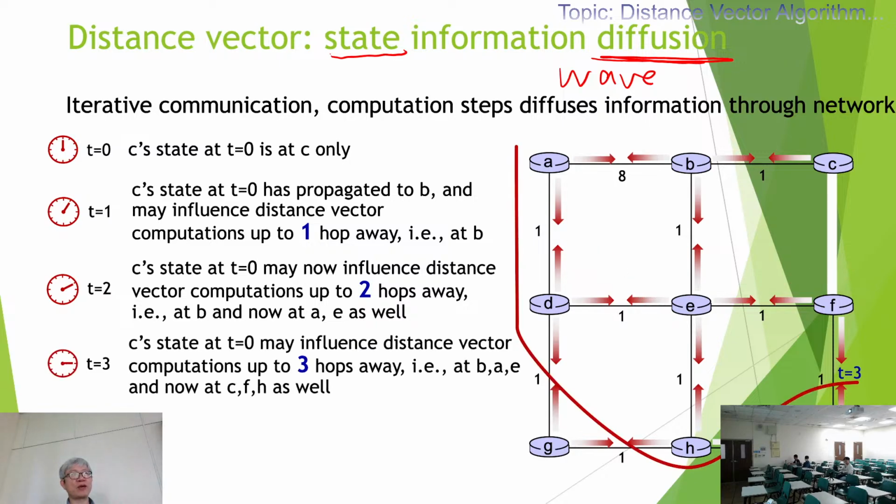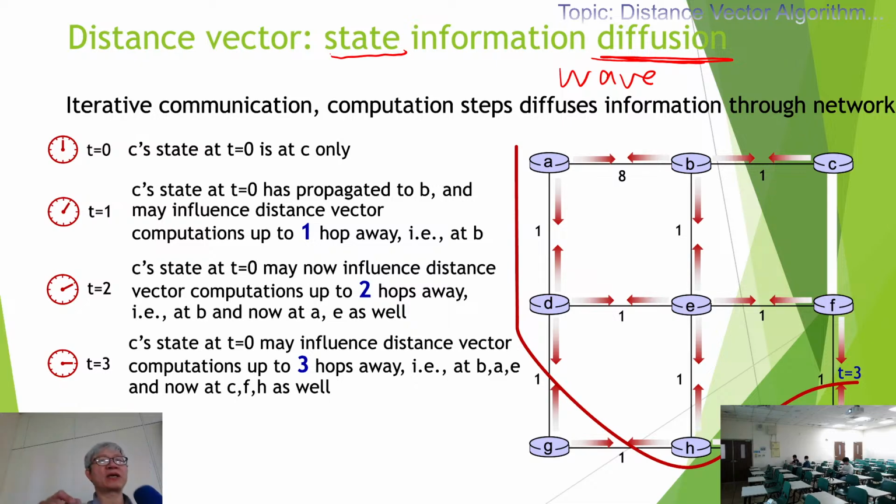Do you feel the diffusion? We have the web, and then the information will propagate from the current node. For example, the current node is C, to the first hop, to the second hop, to the third hop, to the other hops. So we will have the effect of a diffusion.